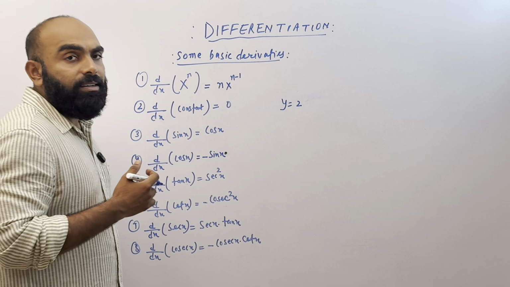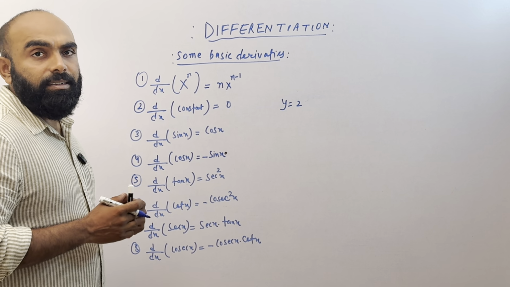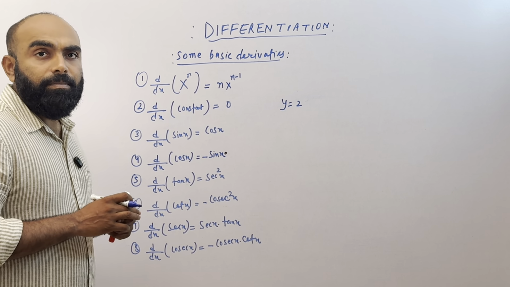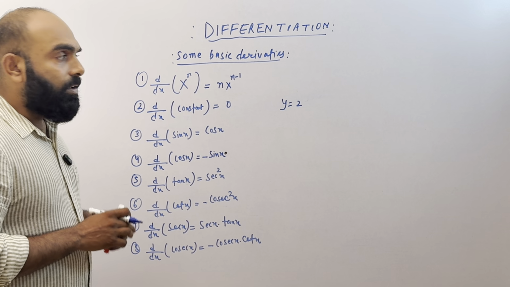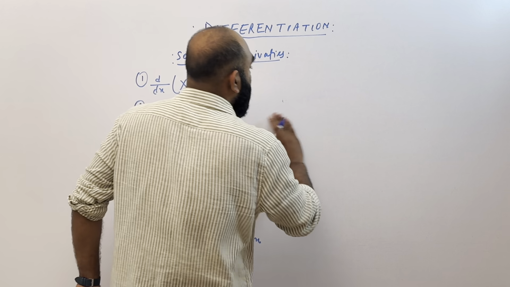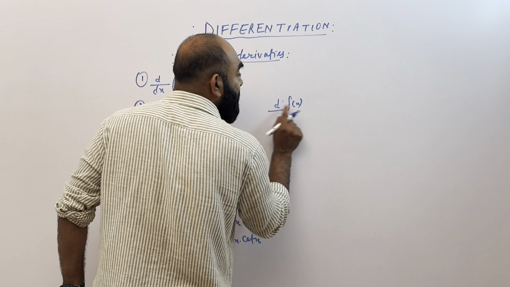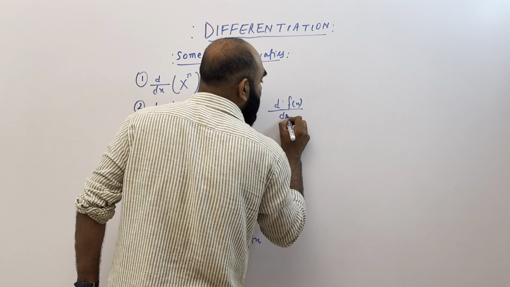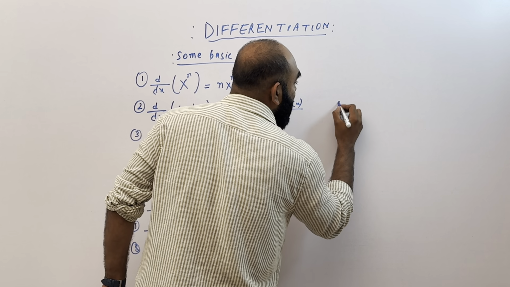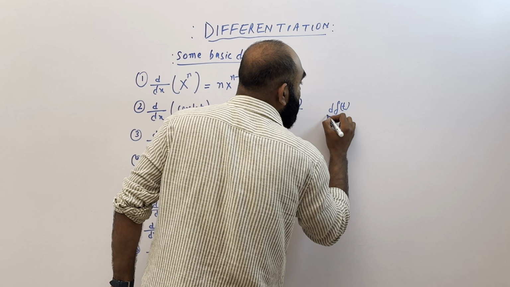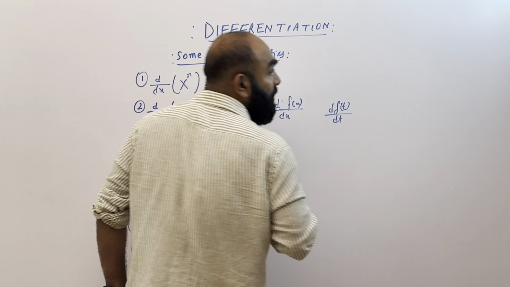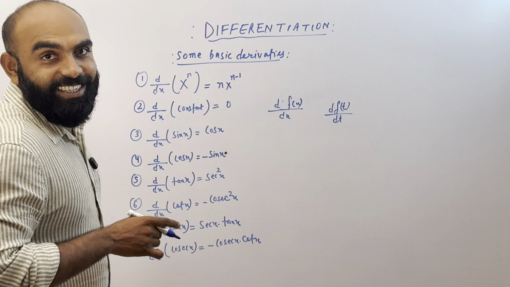Sin x is a function. Cos x is a function. Trigonometric functions. So basically, if the function is like f of x, we are differentiating the given function with respect to dx. If the function is like f of t, I will differentiate f of t with respect to dt.